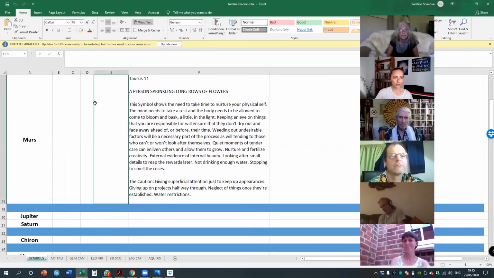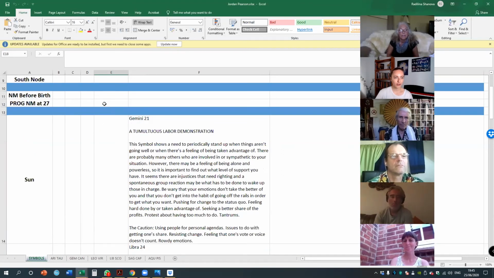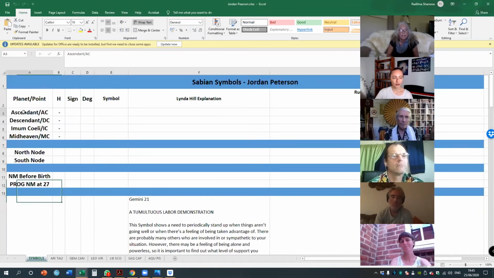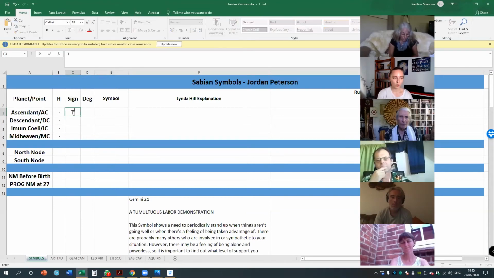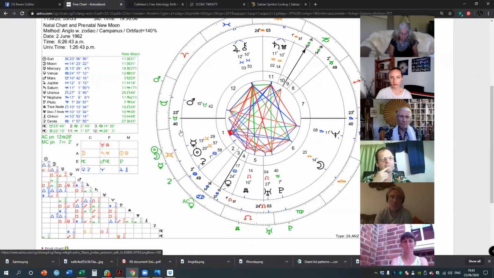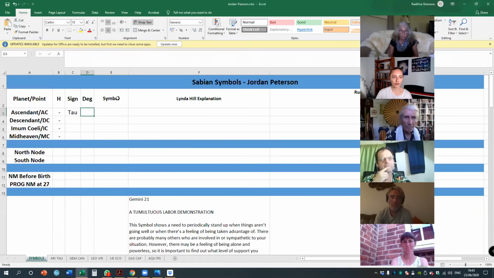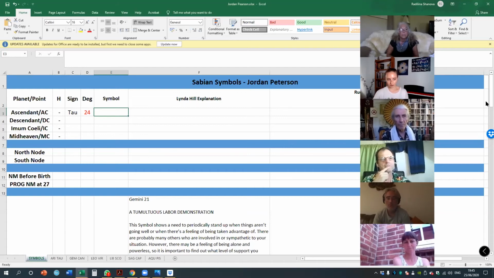And here you just enter, for example, I go back to the beginning because it's easier to see. We've got ascendant in Taurus. In what degree? It's in the 24th degree. So I say here 24. And then I go down to my shortcuts at the bottom.